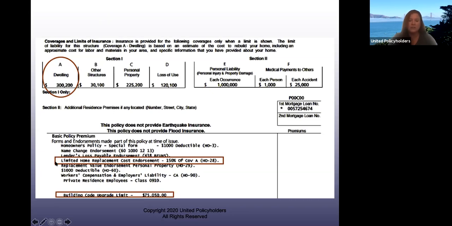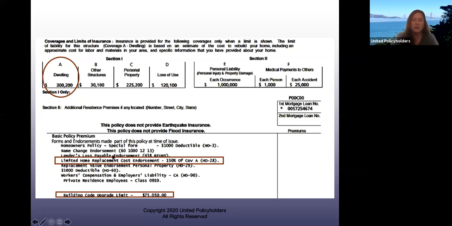Okay, so when you get down here, your extended replacement cost coverage could be called a lot of different things. This one in particular is called limited home replacement cost coverage. It could be called extended replacement cost coverage. There's a lot of different names, but it's usually expressed right here, 100% and 50% of coverage A on this policy. So that means once you exhaust this limit, you have another 150% of coverage A to go towards your claim.